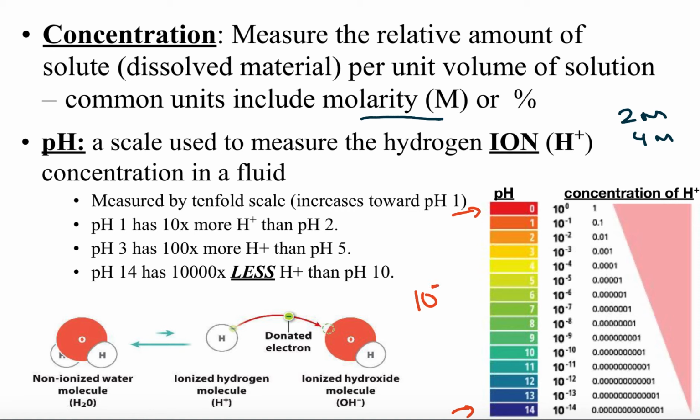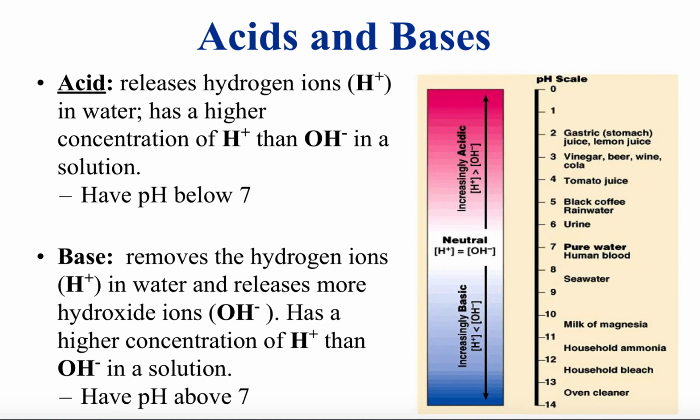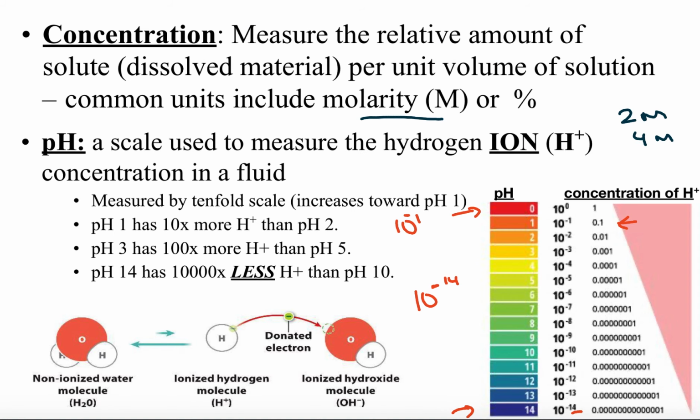So pH 14 is 10 to the negative 14, and pH 1 is 10 to the negative 1, which amounts to 0.1 molarity, compared to 0.00000000000001 in terms of molarity for pH 14. So every time you go down 1, it's 10 times more concentrated than the last level.